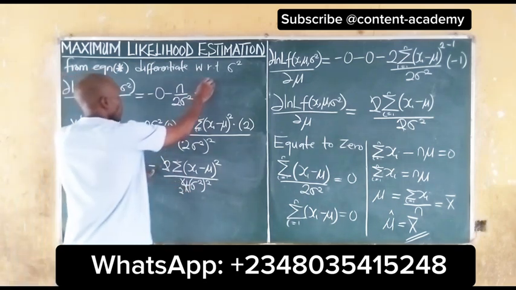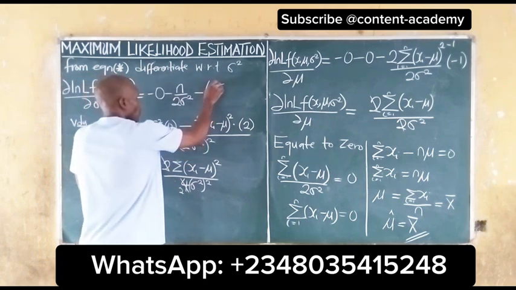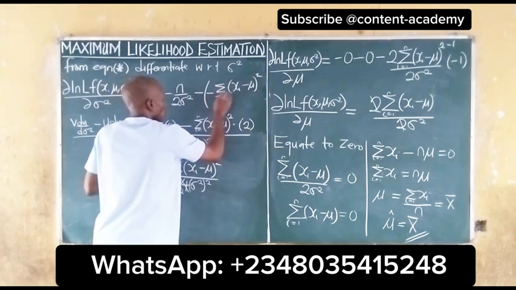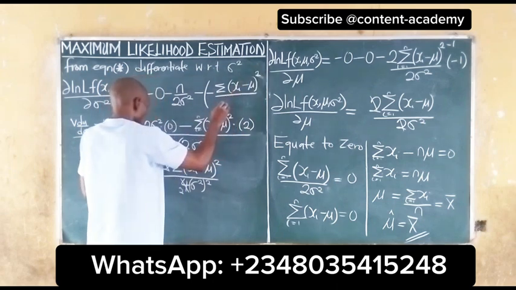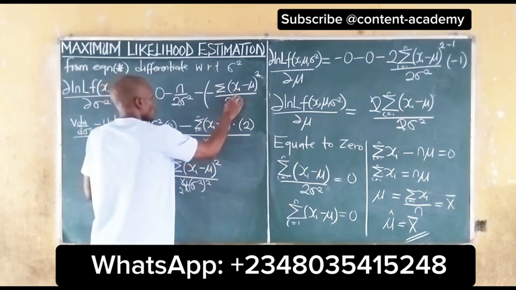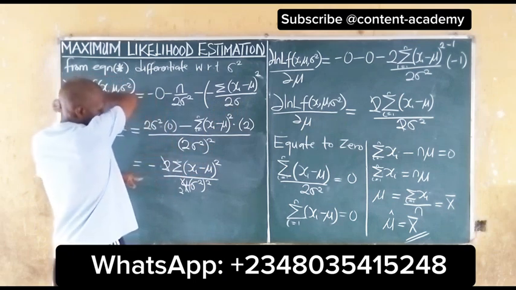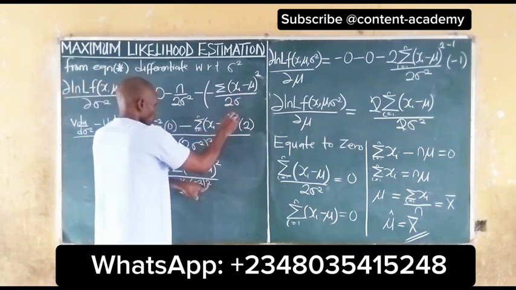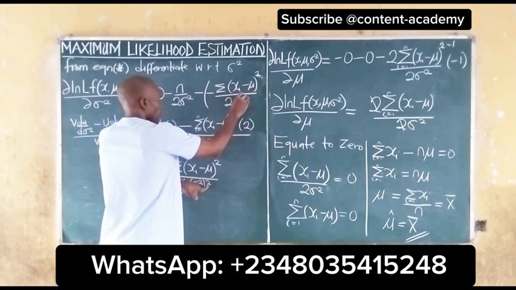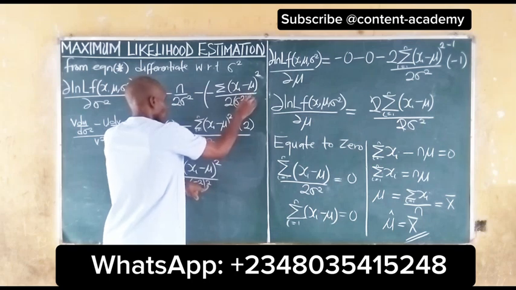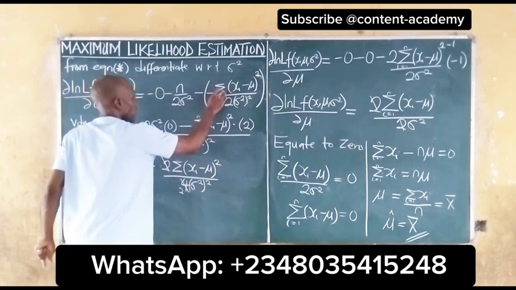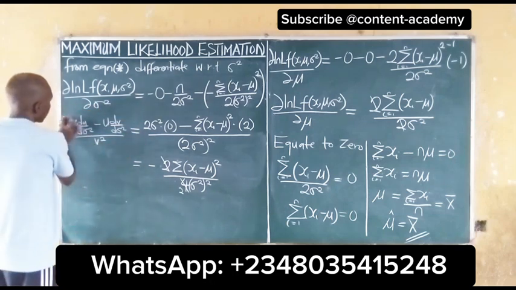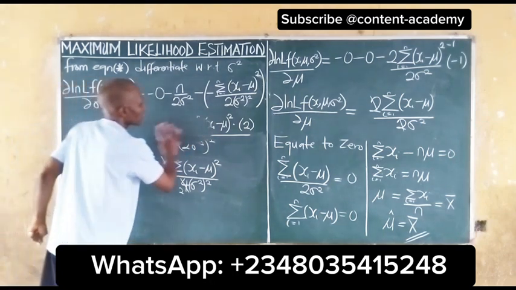So we can write this to be negative summation of (xi minus mu) squared all over 2 sigma squared, with i from 1 to n. This is what we get if we take the partial derivative from our equation star. So we can easily clean this.